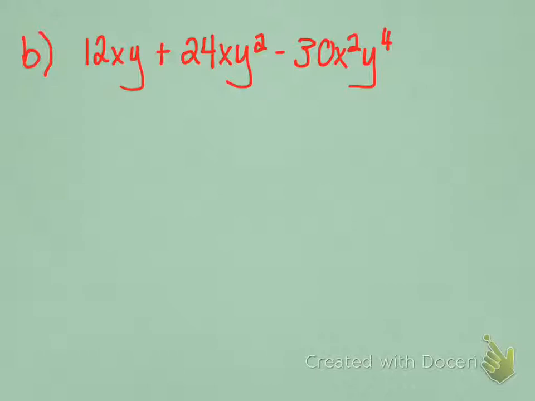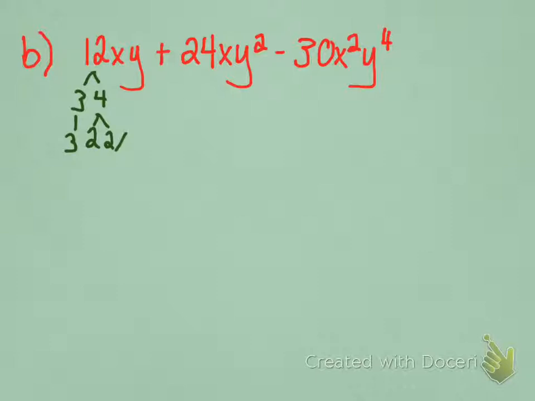Example, or letter B. You're going to do the same thing, only this time there are 3 terms. So when you find the GCF, you have to make sure that it's common between all 3 terms, not just 2. So the first thing you're going to do is break down 12xy. So 12 is 3 and 4, and then 2 and 2.